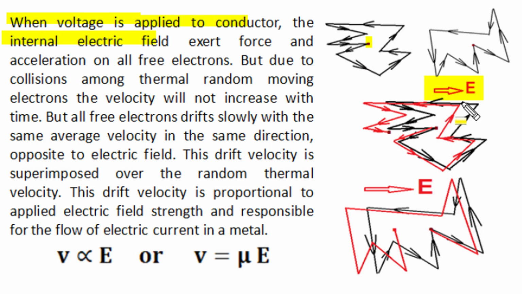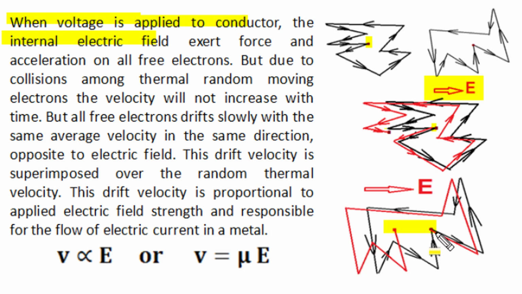Instead, this black directed random thermal motion gets modified as the red directed new movement, and a free electron will forcefully drift in the opposite direction of the electric field with a constant average velocity.